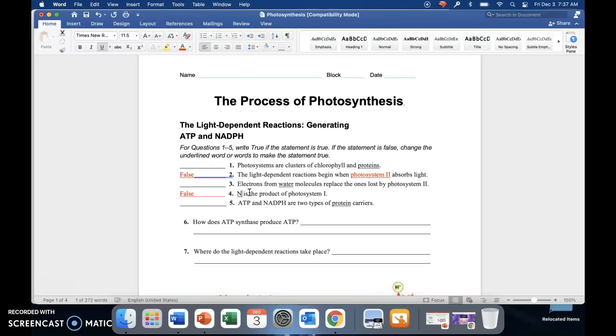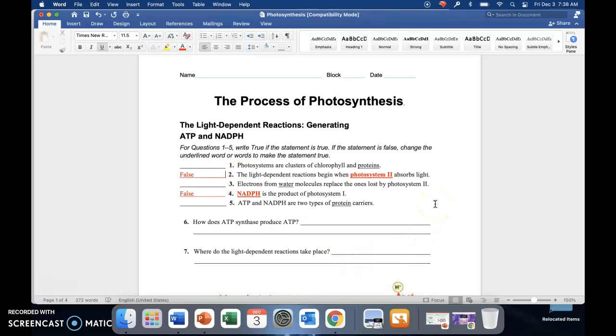It is NADPH that gets produced during photosystem 1. So again, I'm typing in the correct answers here so that you can fix those if you had those wrong yourself. And I'm going to do some fixing up here so it looks a little better.